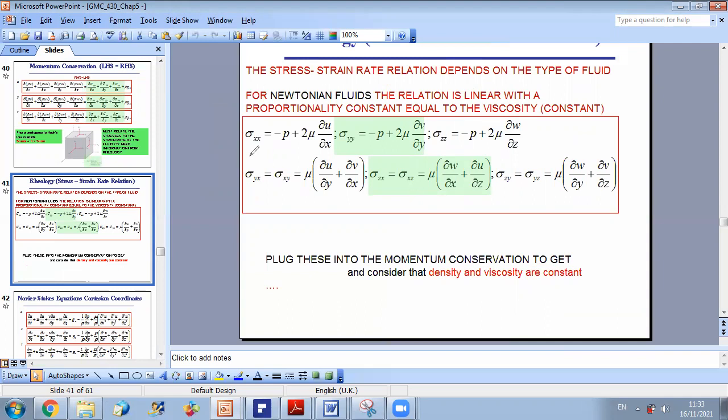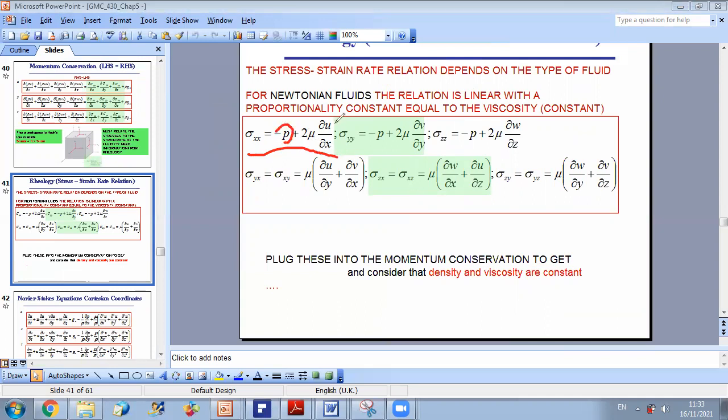So you will replace sigma xx by minus p, which is the pressure term, plus 2 mu del u by del x. You will replace sigma yy by minus p plus 2 mu del v by del y, sigma zz by minus p plus 2 mu del w by del z.